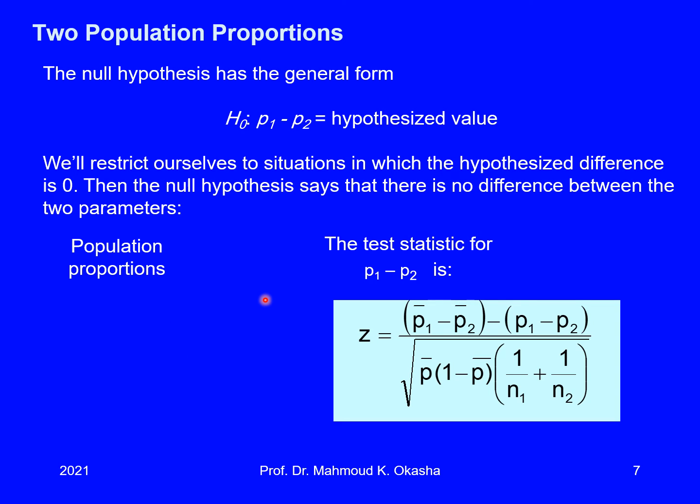So the null hypothesis is P1 minus P2 equals a special value, which we will take as 0. We will not talk about other values. So P1 minus P2 is 0, which means that P1 equals P2, right?